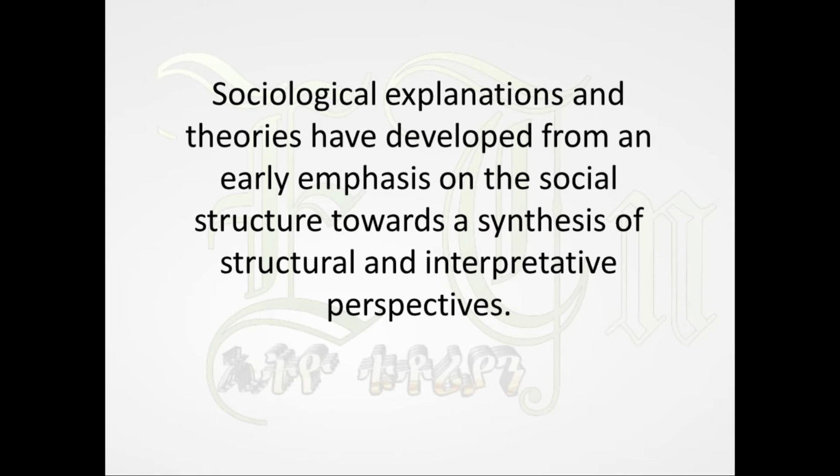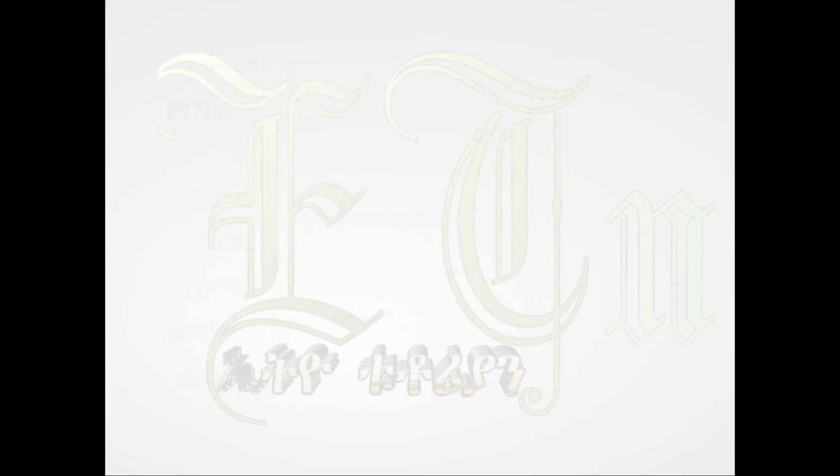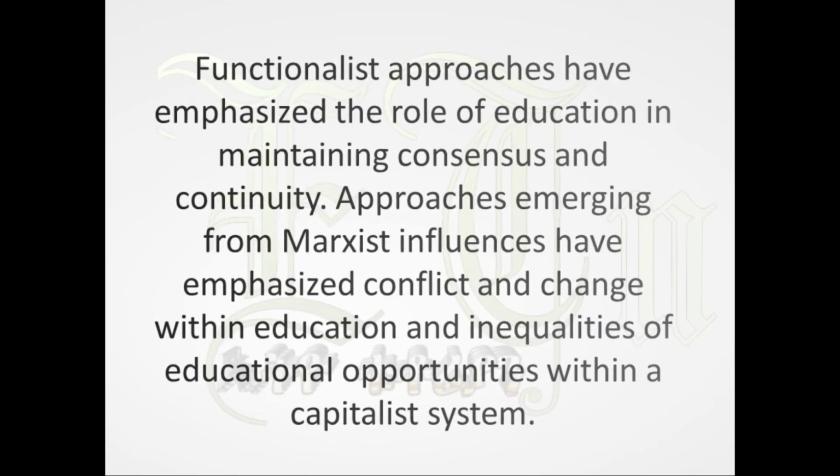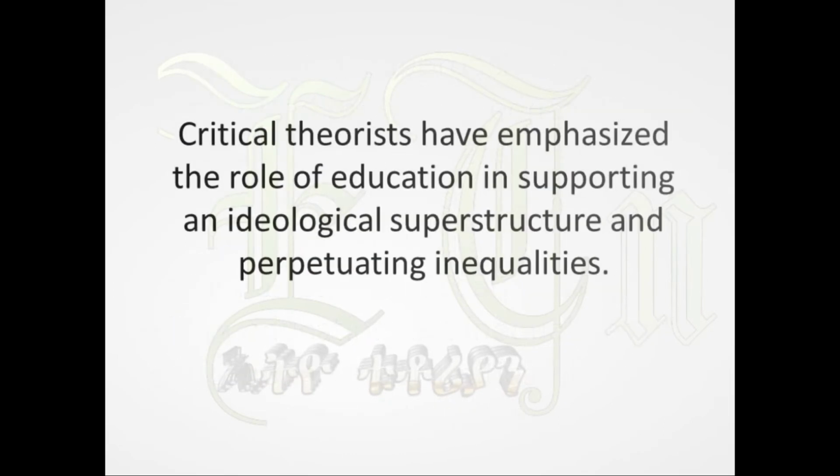Sociological explanations and theories have developed from an early emphasis on the social structure towards a synthesis of structural and interpretative perspectives. Functionalist approaches have emphasized the role of education in maintaining consensus and continuity. Approaches emerging from Marxist influences have emphasized conflict and change within education and inequalities of educational opportunities within a capitalist system.